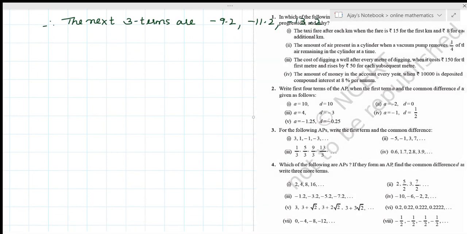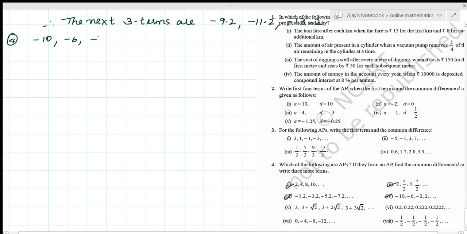The next problem reads, fourth one. We have completed 3 problems, and we are going for the fourth problem. The fourth problem reads minus 10, minus 6, minus 2 and 2.